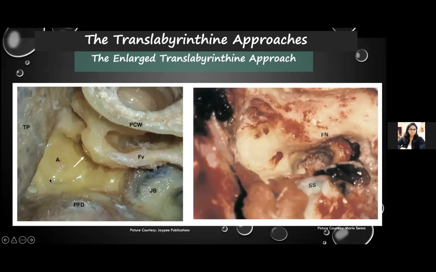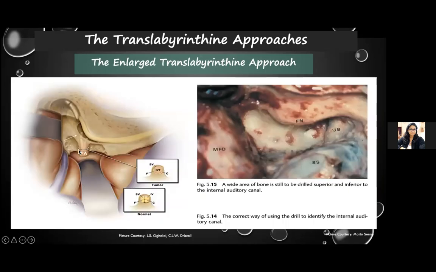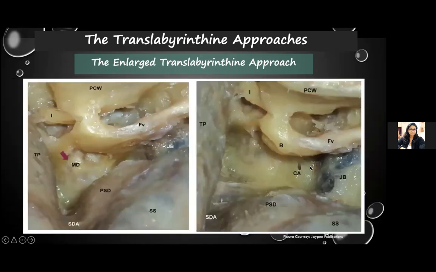So all the bone above the subarcuate artery can be drilled away without any concern. Inferiorly, we have the jugular bulb and the cochlear aqueduct. This will be the inferior limit while we are drilling.